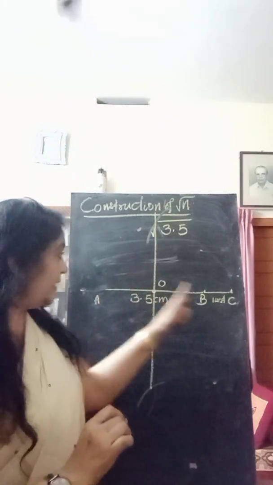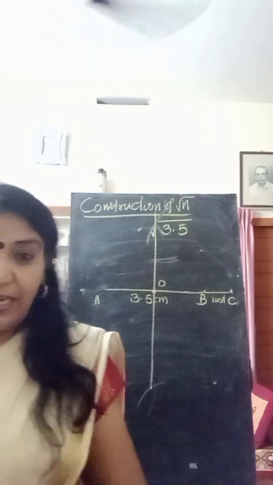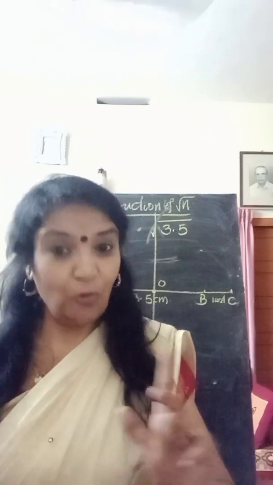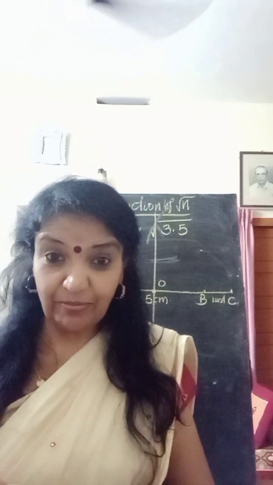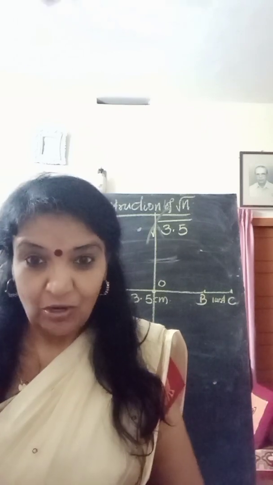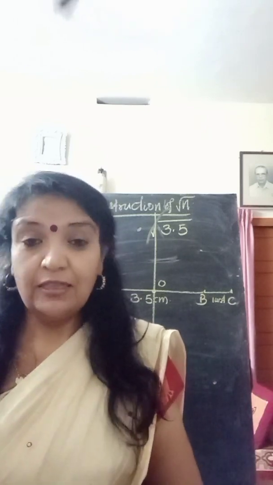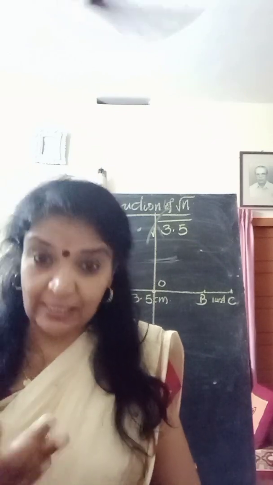So in AC, O is the midpoint. That means AO equal to OC. O is the midpoint of which line segment? AC, the newly formed line segment. That means OA, OC both are equal. Now the next step.